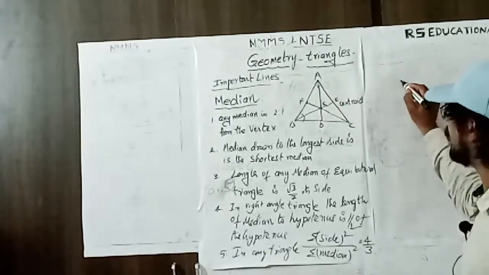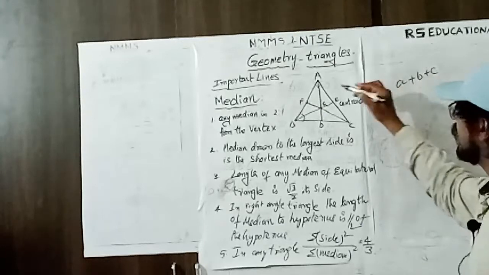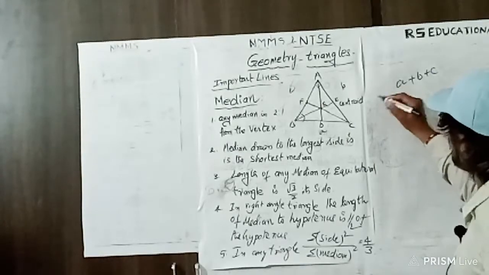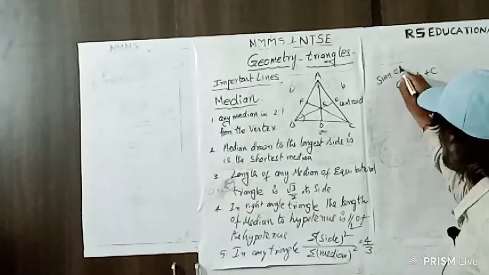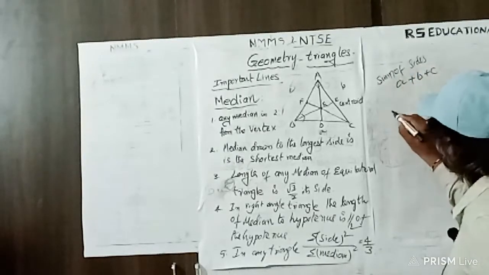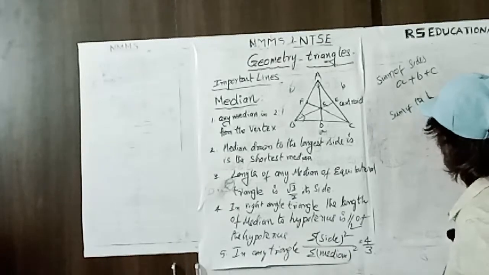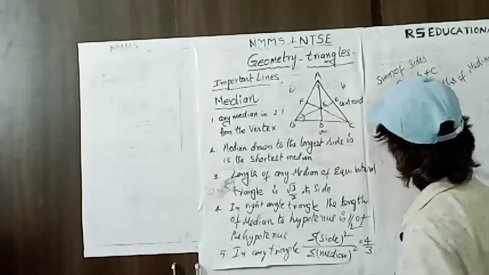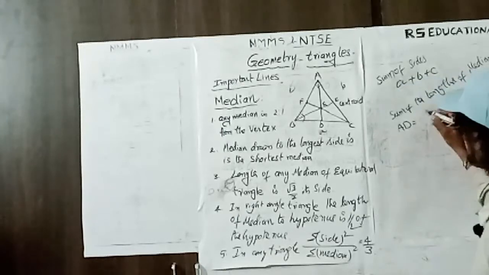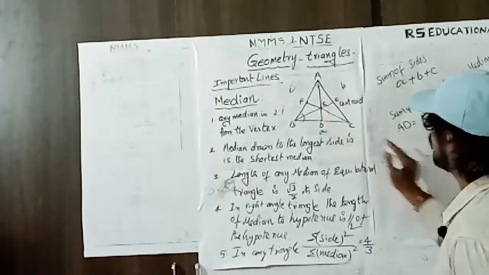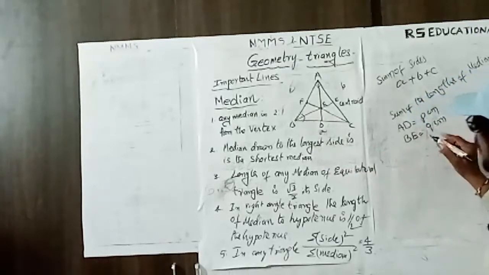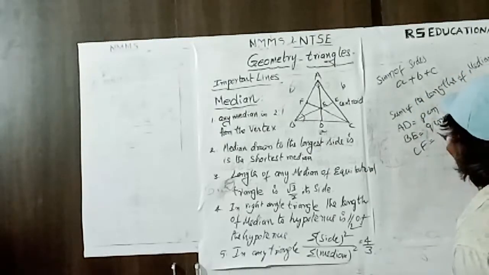Suppose this is side A, this is side B, this is side C, and the sum of the sides of this triangle is A plus B plus C. Now the medians have lengths: AD is equal to P centimeters, BE is equal to Q centimeters, and CF is R centimeters.